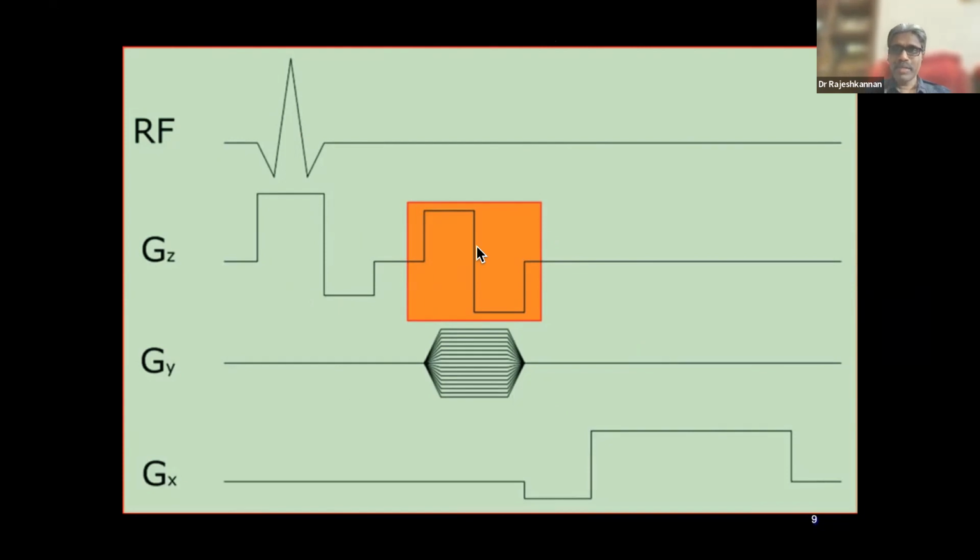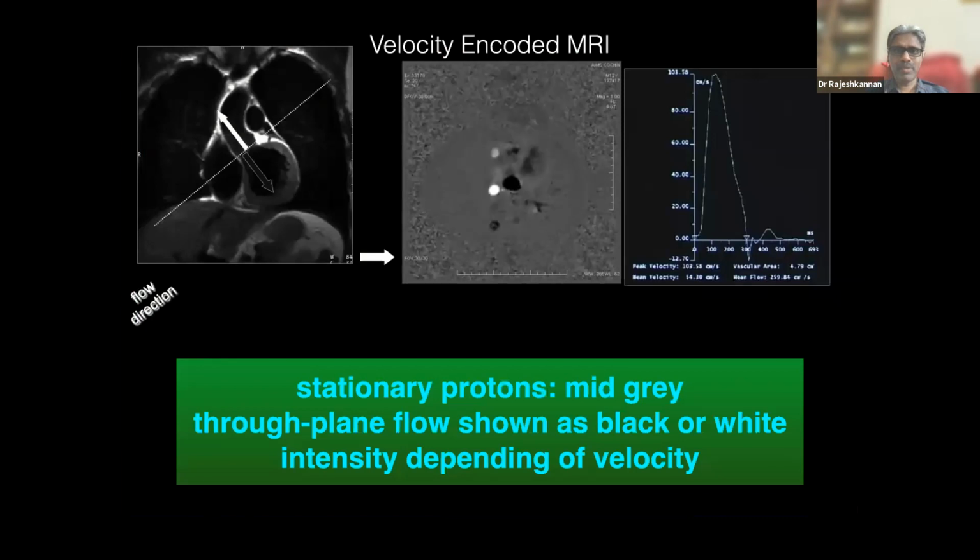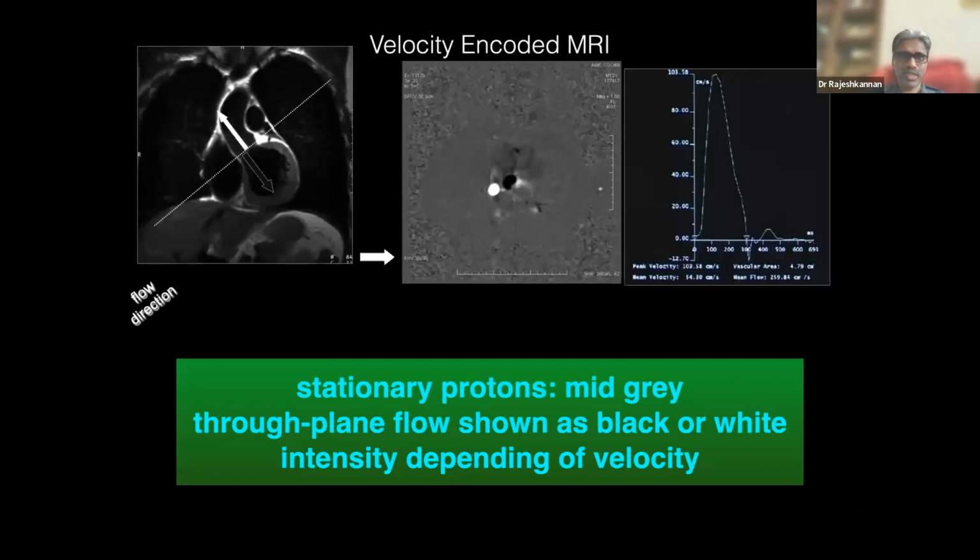Normally, when we are using these 90-degree pulses and 180-degree pulses, there can be some amount of background phase shift in the stationary tissue also. So what we have to do is two sequences, one without the bipolar gradient and one with the bipolar gradient, and when we subtract these we will get the final phase contrast image. So that is the basic principle of the phase contrast flow study.